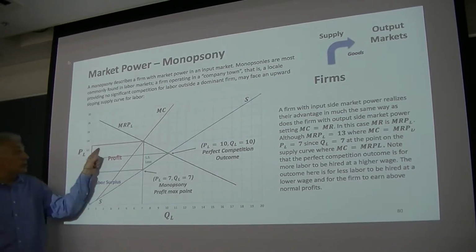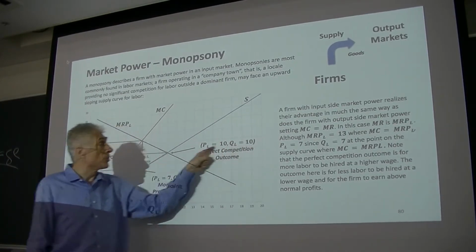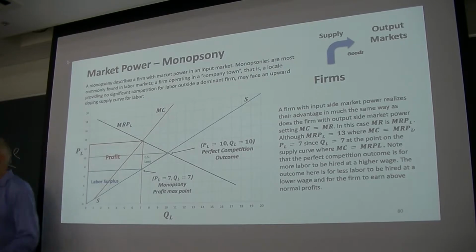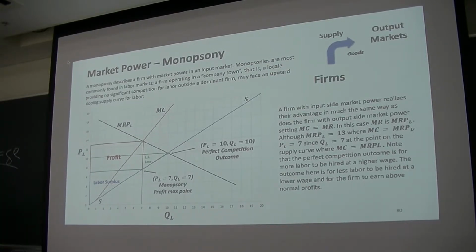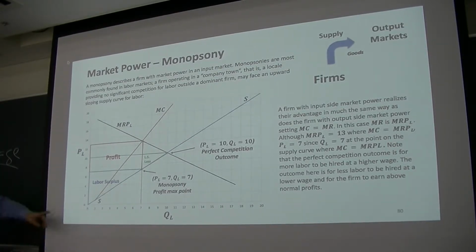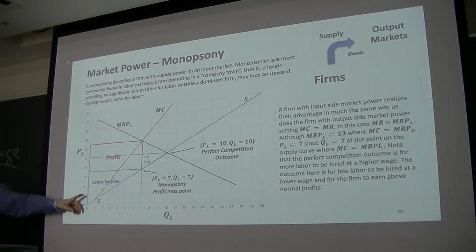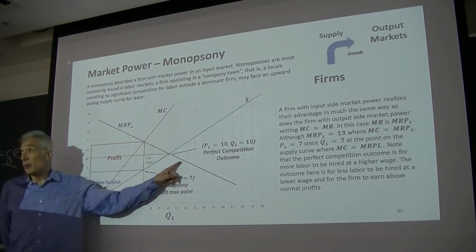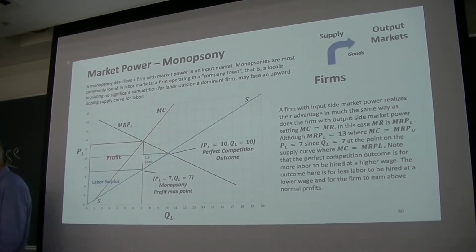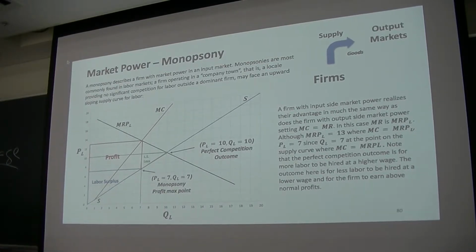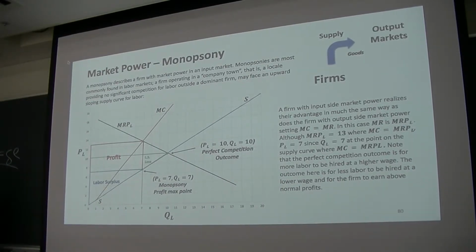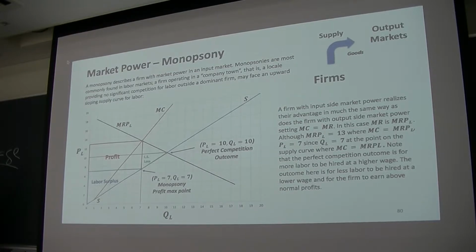They face a perfectly horizontal labor supply curve. But if a firm has market power, they face an upward sloping supply curve, which means the more people they hire, the higher the wages they have to pay.